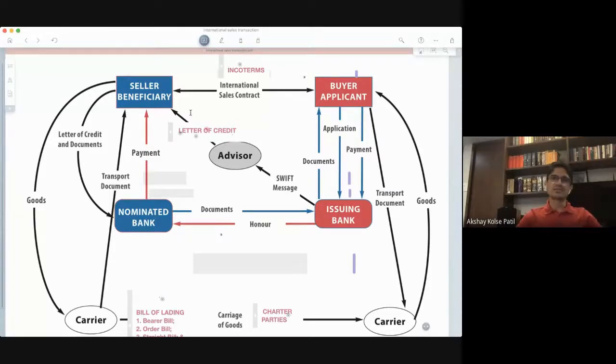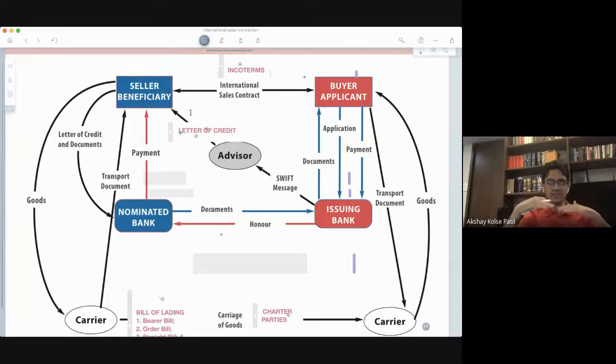Now, in this scenario, the letter of credit is to be treated as a separate and independent contract. It is a contract with the bank and has nothing to do with the sales contract. So, to make this clear, if there's a breach of the terms of the sales contract, it does not necessarily affect the letter of credit.